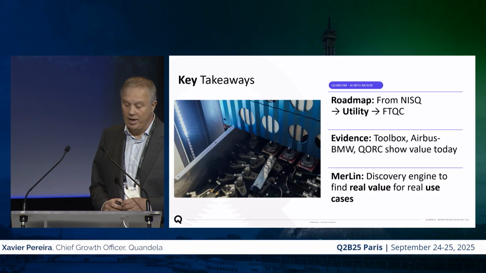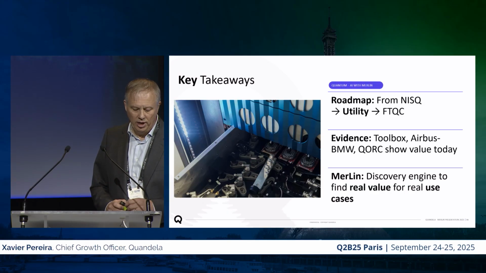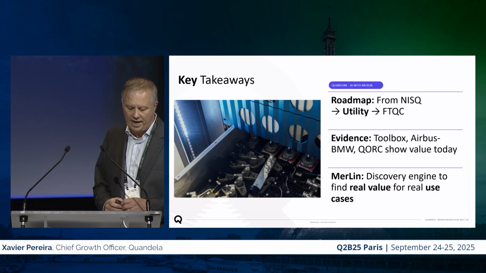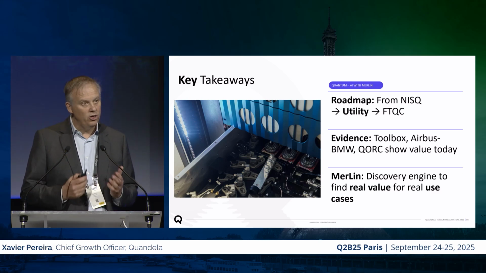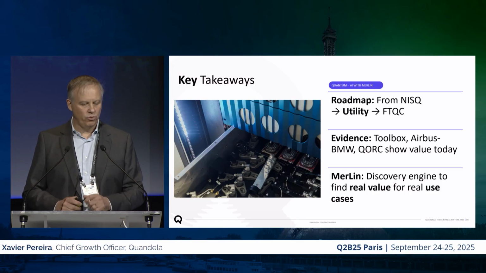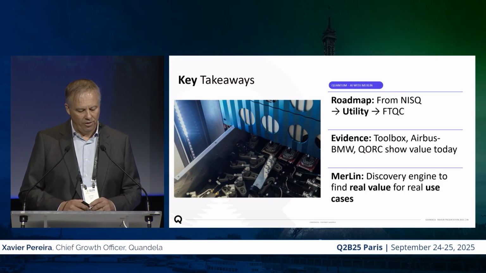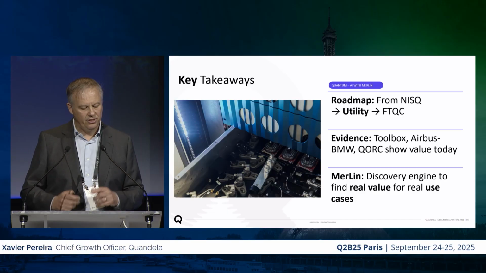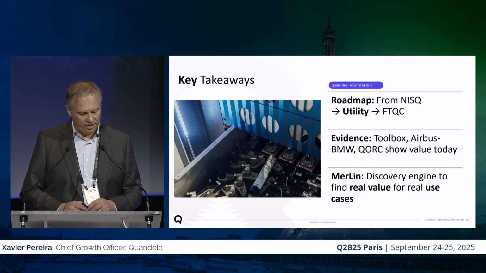And third, MerLin is the framework that will let us scale this exploration systematically, connecting AI and quantum communities to find the real use cases where QML makes the difference. Quantum won't replace AI, it will empower it. And with MerLin, we're turning that vision into real use cases.